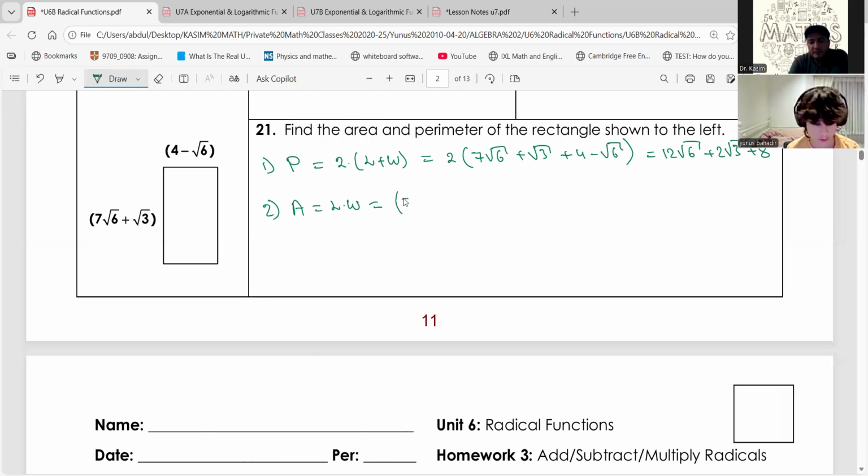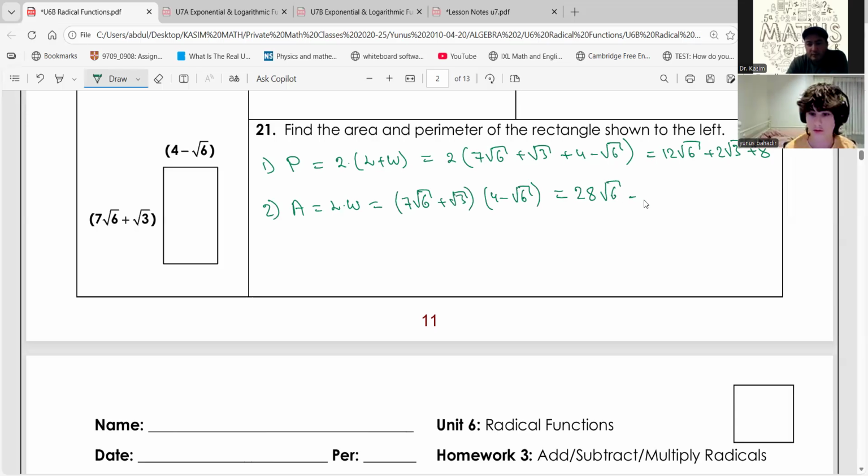So here we have 7 square root of 6 plus square root of 3 multiplied by 4. Let's start with 28 square root of 6, and then minus 42.